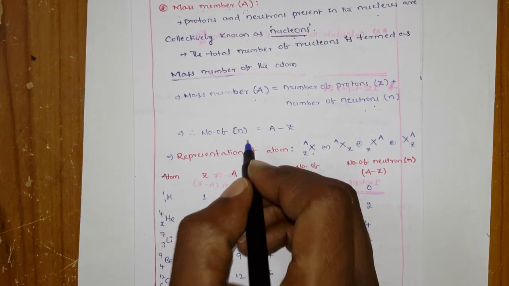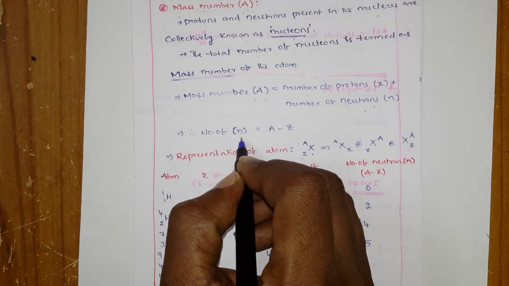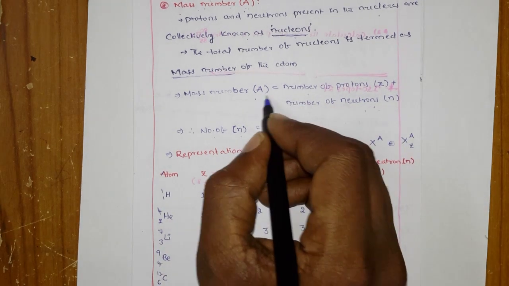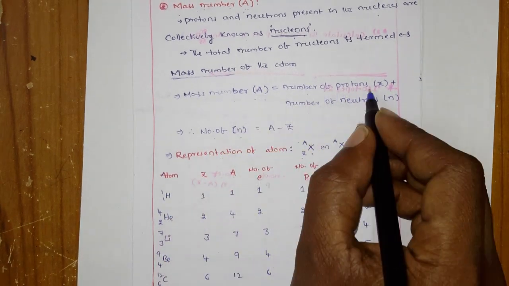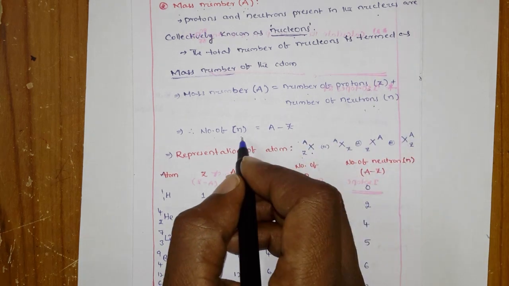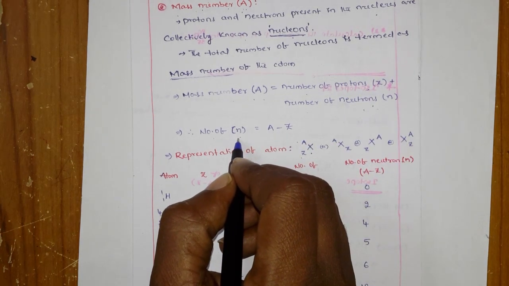If you want to calculate the number of neutrons, what do you have to do? A minus Z: the mass number minus the number of protons gives the number of neutrons.